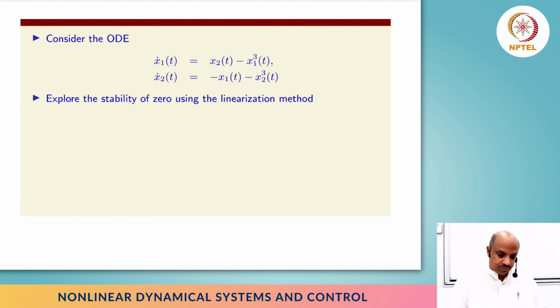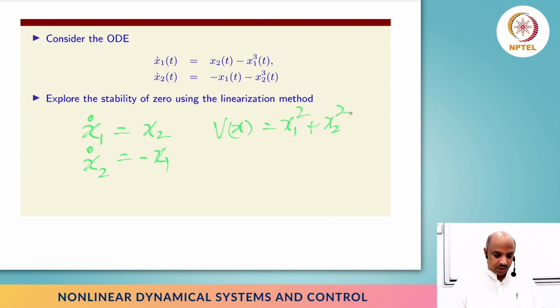So this is another similar example. We'll end up with x1 dot equals x2, x2 dot equals minus x1. Is this system stable? Well, let's say V of x equals x1 square plus x2 square. V dot is equal to 2x1 x1 dot plus 2x2 x2 dot, and we'll get 2x1x2 minus 2x1x2, giving us 0, showing Lyapunov stability.